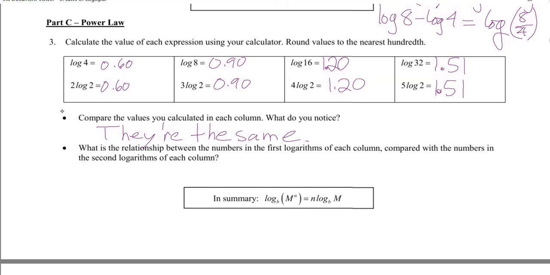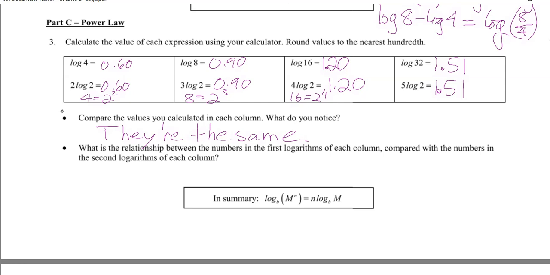So what's the relationship? Powers. The first number is 2 squared. Okay, so then what's 8? 2 cubed. Okay, what's 16? So the number we're taking the log of gets raised to the power of the number that's out front, right?